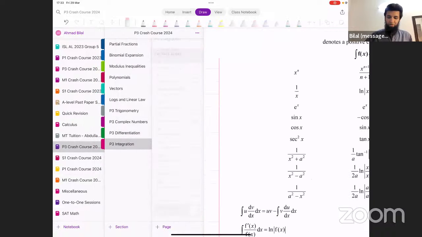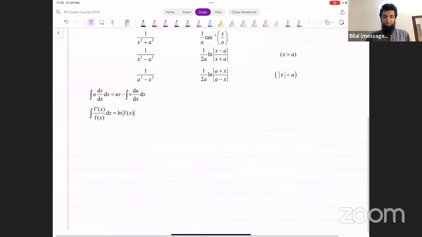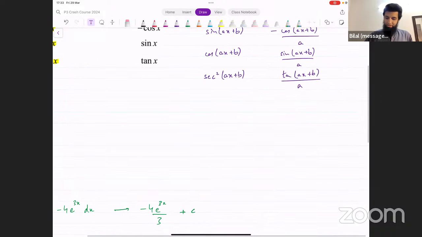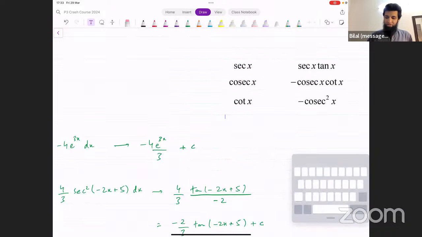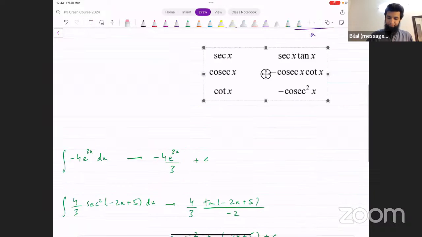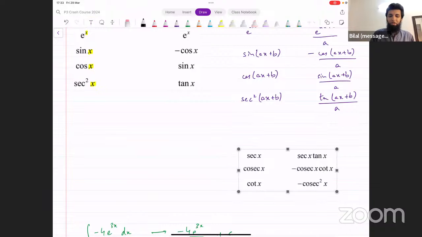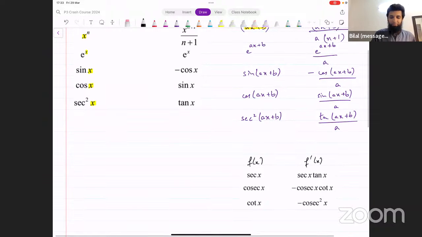Now let's have them in front here. So you will have the differentiation formula sheet with you. These are the rules that are given in the differentiation formula sheet. From these 3 rules, you can make 3 other integration rules. And they look like this.